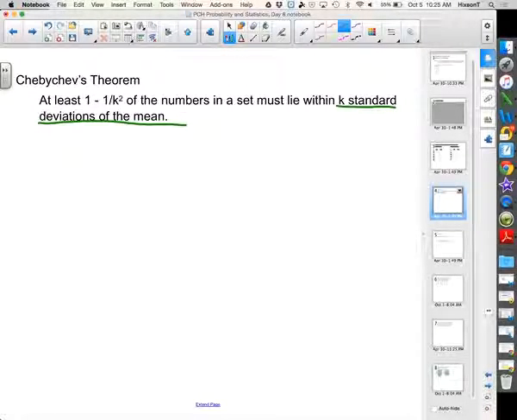Okay? So let's look at data here, and let's say that this right here is our mean. And I don't know what value that is, but let's say, for example, that our standard deviation equaled 2.